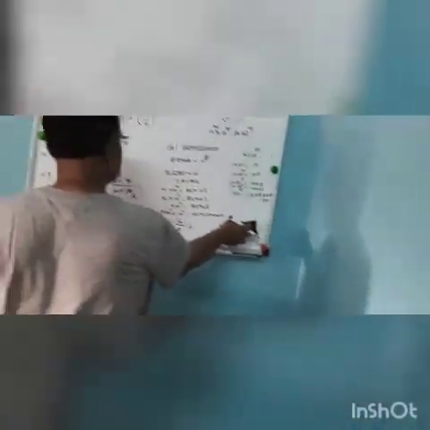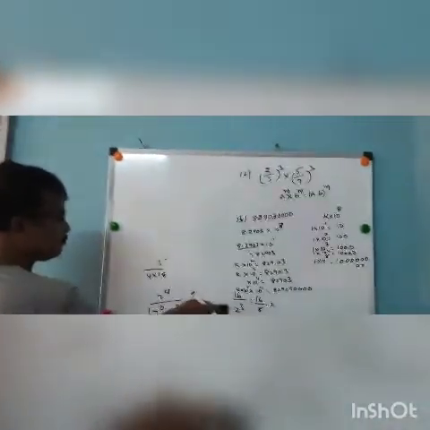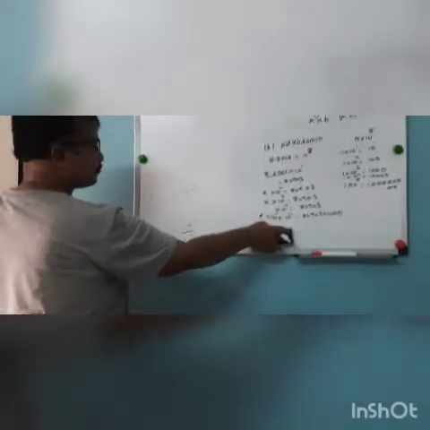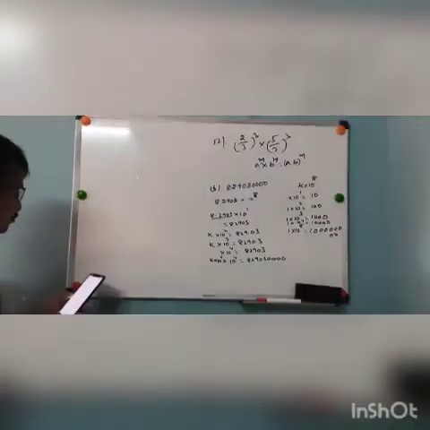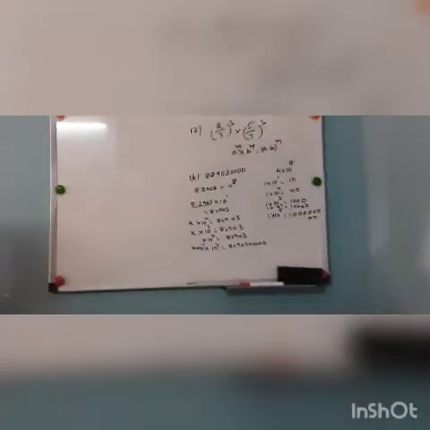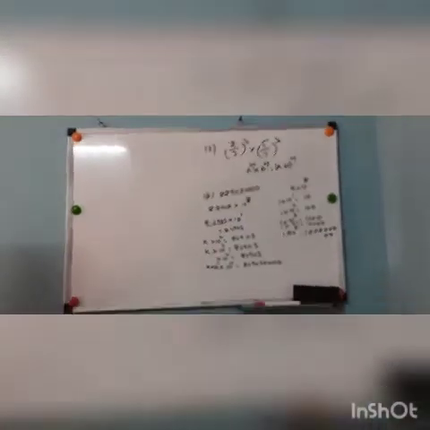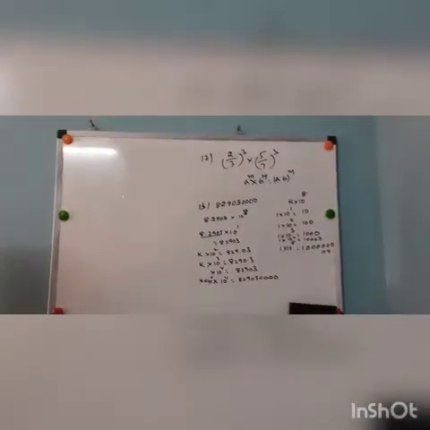Which of the following has the largest value? First question. Option 1 is 0.001. Option 2, 1 by 10 square.